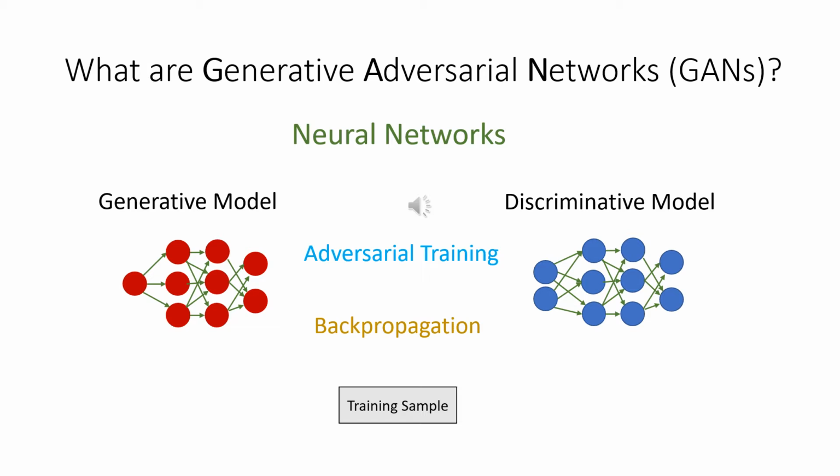Thus, the discriminator is indirectly training the generator each time it rejects a sample as fake. In other words, one neural network tries to generate data based on a training sample, and the other neural network tries to figure out whether its own data input is real or fake.